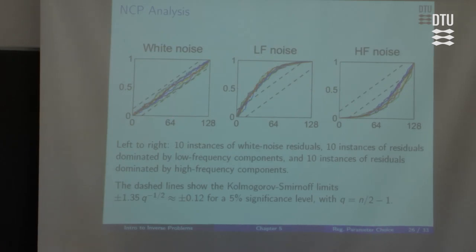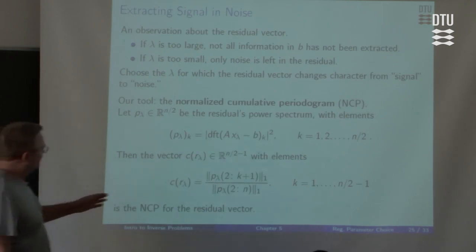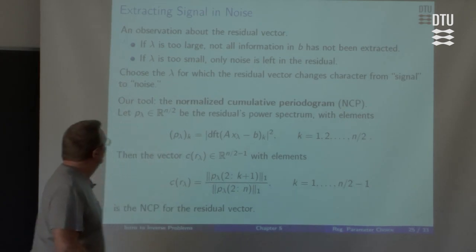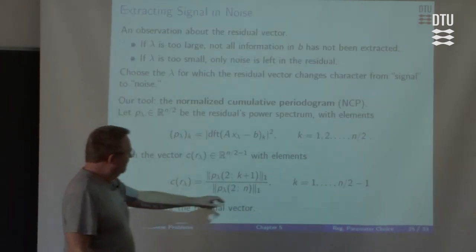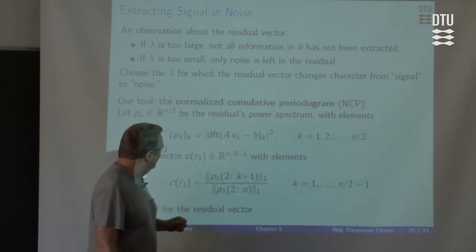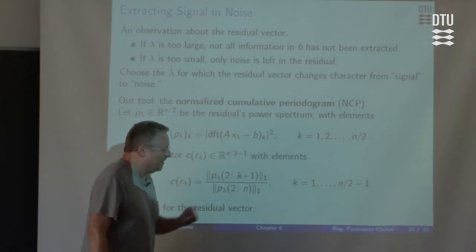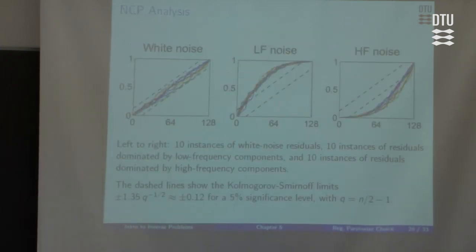So of course it starts around 0, because that's where we have only one component in the sum here. And it ends up here in 1, and that's because when we have the largest value of k, then the norm here and the norm here in the numerator and the denominator are the same, so it should end up in a 1 over here.